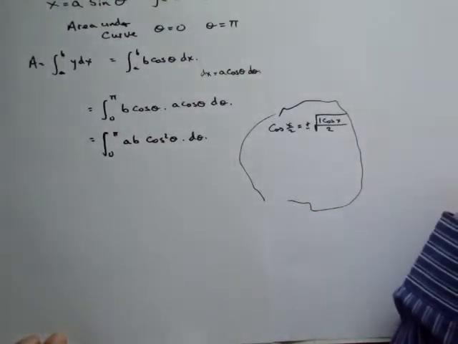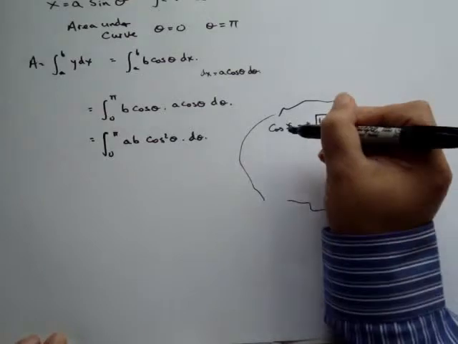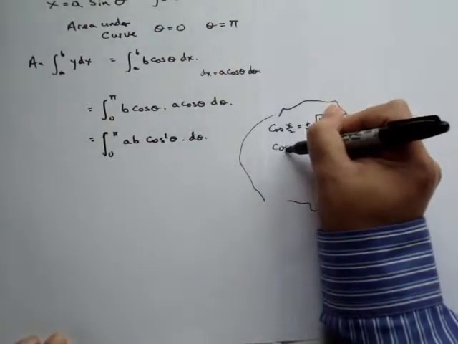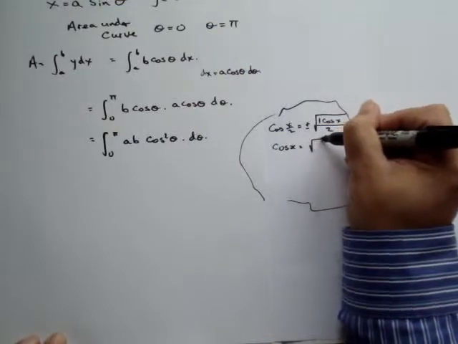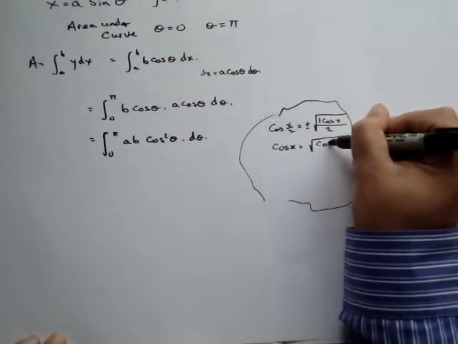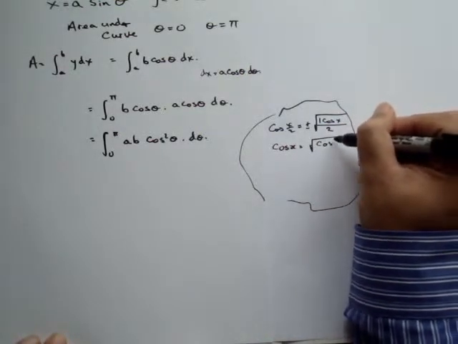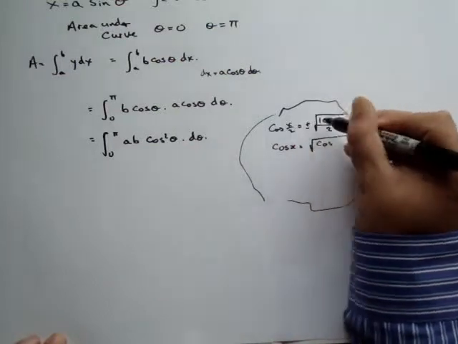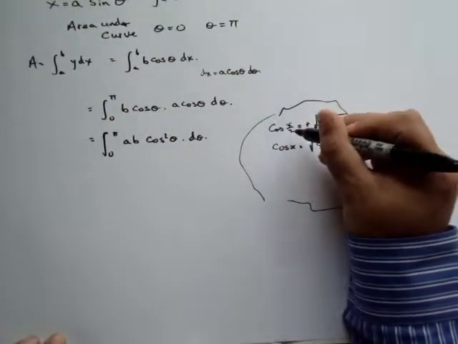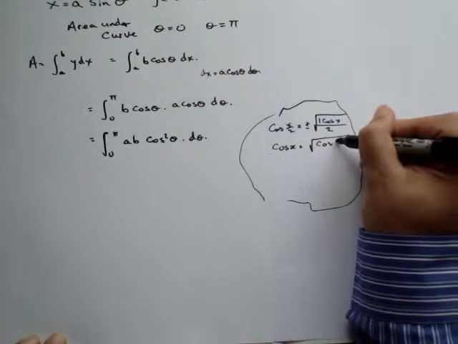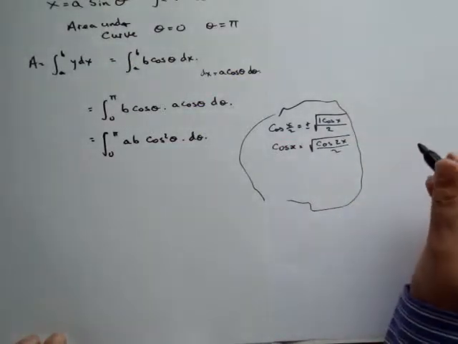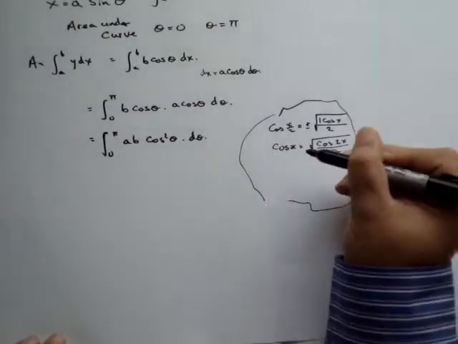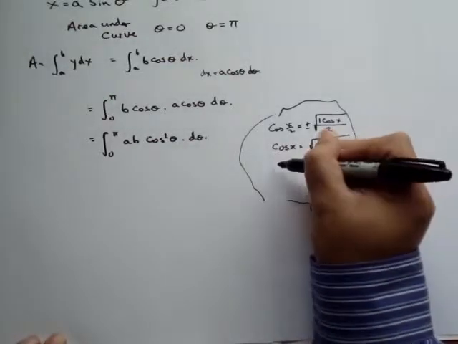So this then means that cos x is equal to the square root of 1 plus cos 2x over 2, because half x becomes an x, cos x then becomes 2x over 2.